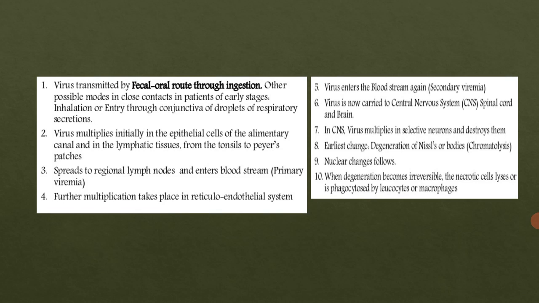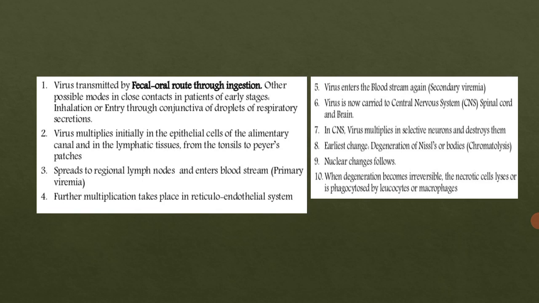This is the fecal oral route through which the virus can transmit. Other possible modes are close contact with polio patients, inhalation, or entry through the conjunctiva or the droplets of respiratory secretions. These are the routes of transmission.